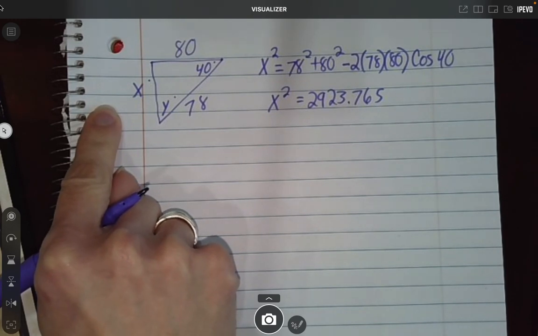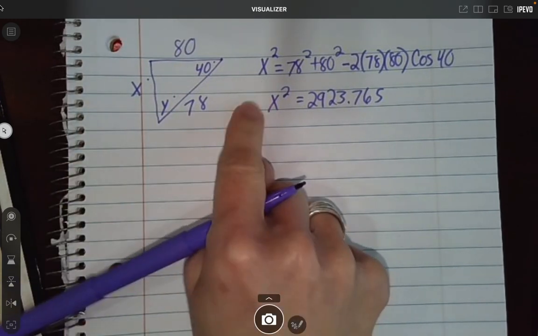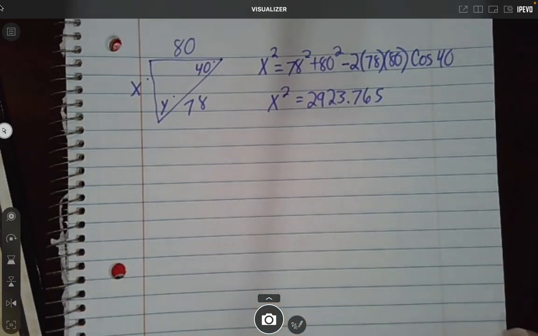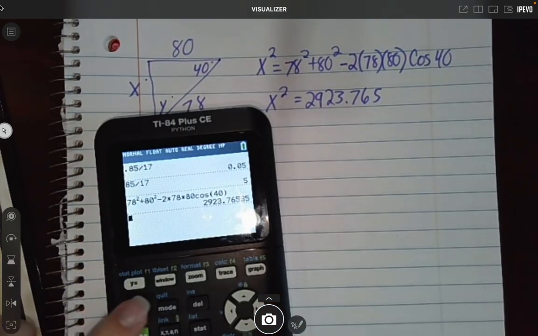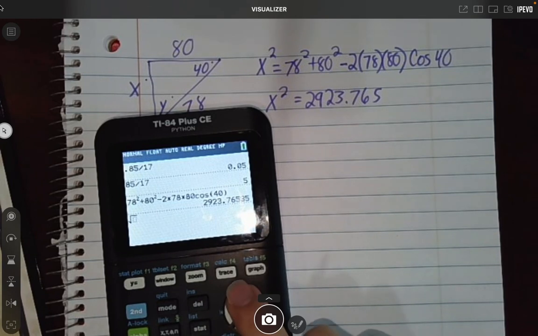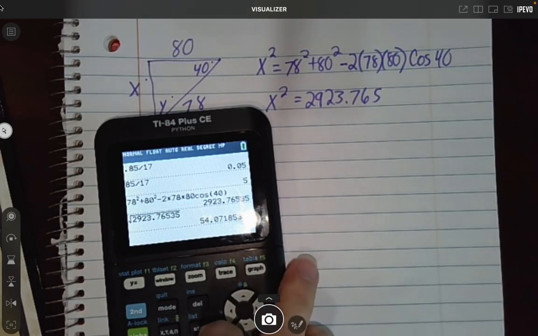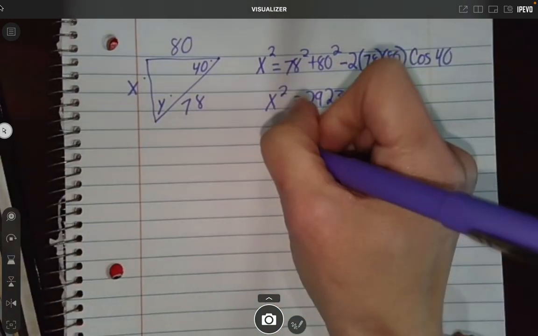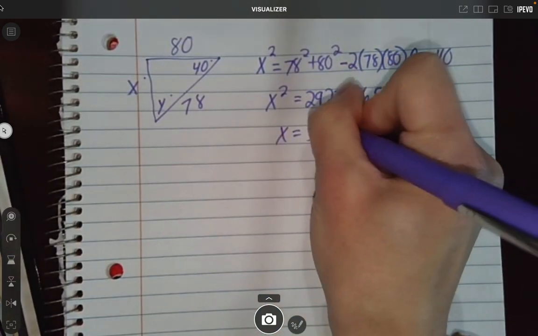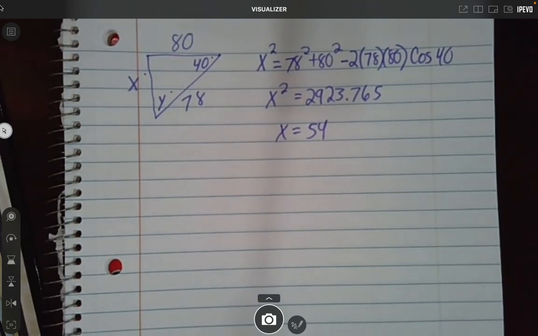That should automatically make you think that's not right. What's my last step here? Square root it. So I would just type in square root, and if you have one of these calculators, you can just scroll up, bring it down. Now 54, does that sound more like it? I know it's smaller than the other two, but that's fine. It's still in the double digits. Okay? So are we good with that one?